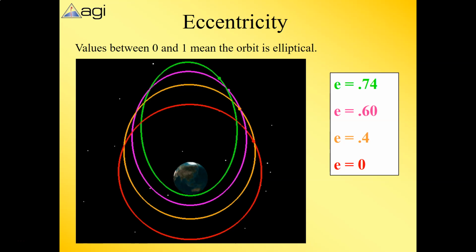And the eccentricity of the red one is circular. It's 0. Notice how the eccentricity value helps us describe how elliptical any orbit can be. Remember, we're talking about how wide that orbit is, how squished the orbit is, how elliptical it is.